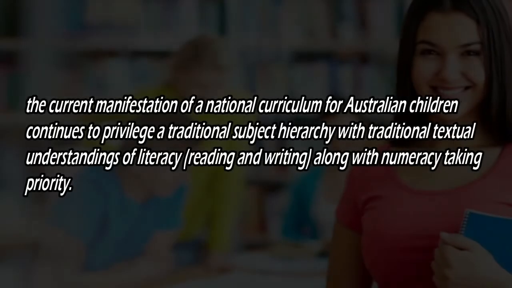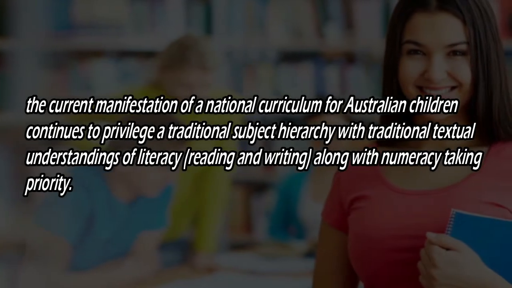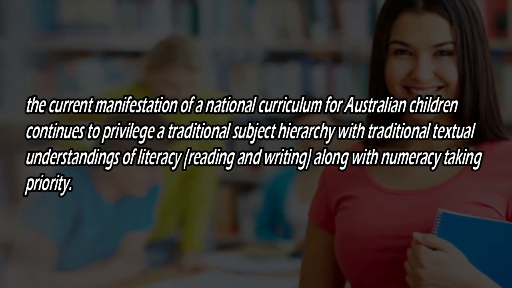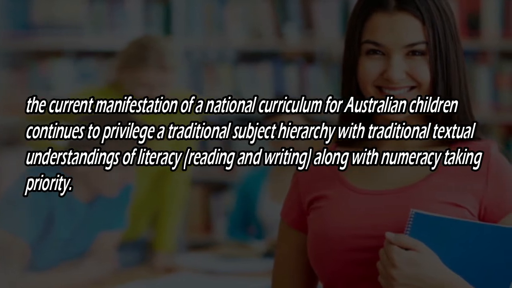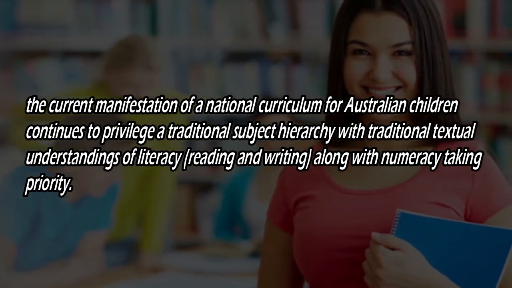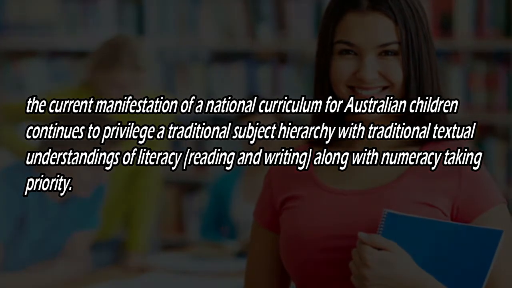In 2011, when the Australian curriculum was still in the drafting stage, Ewing, in her report The Arts and Australian Curriculum Education: Realizing Potential, argued that the current manifestation of a national curriculum for Australian children continues to privilege a traditional subject hierarchy with the traditional textual understanding of literacy, reading and writing, along with numeracy taking priority.